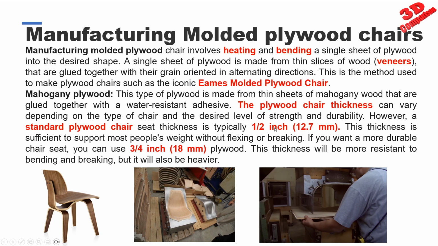So this is the manufacturing process. The sheets of plywood are glued together, and there are these molds where they will be bent, and they will also be heated, with steam, in order to bend that plywood. And we see over here those cavities that can shape molded chairs.